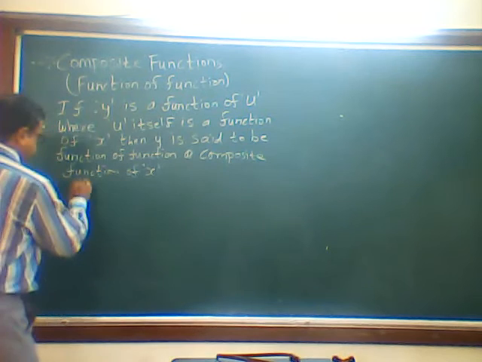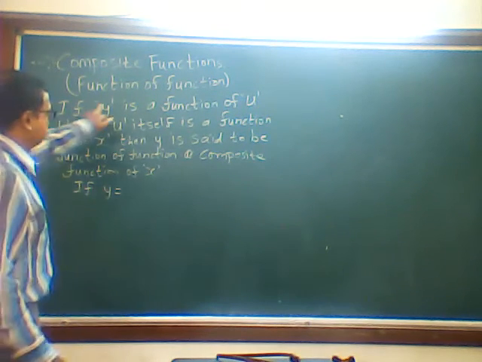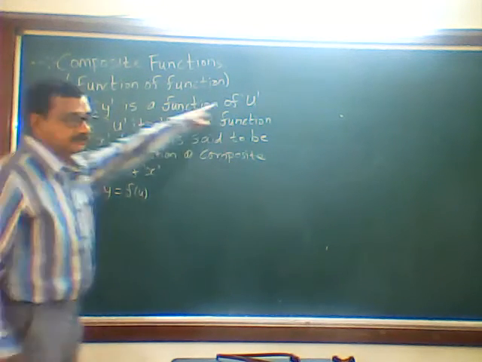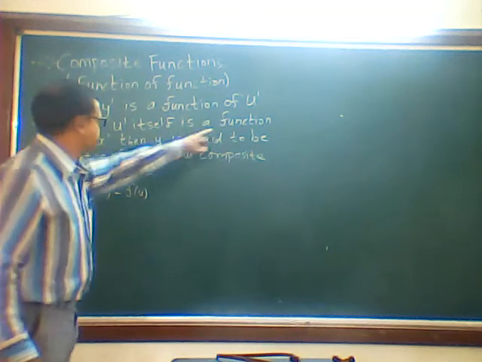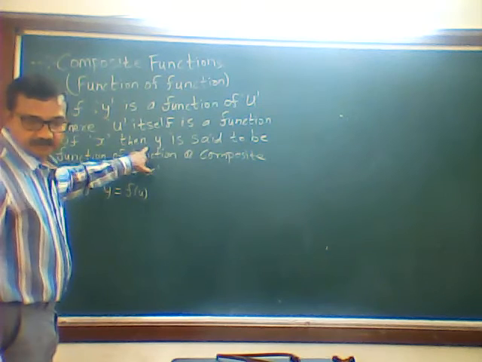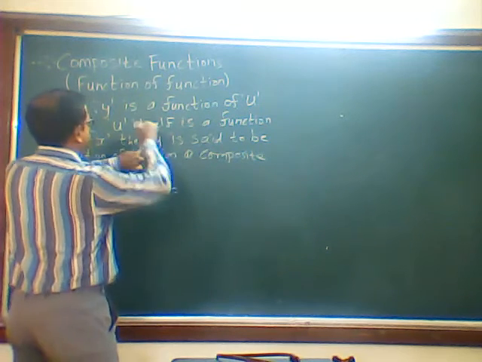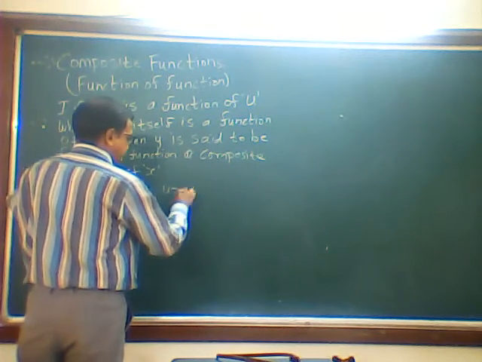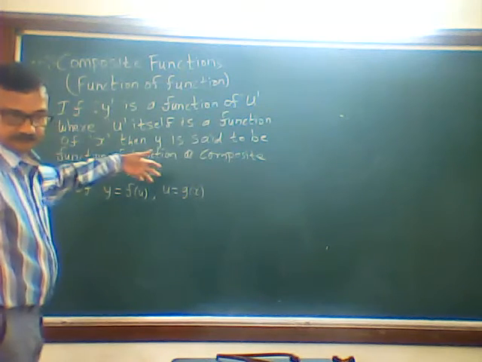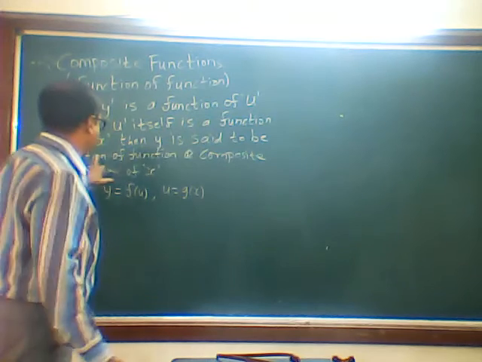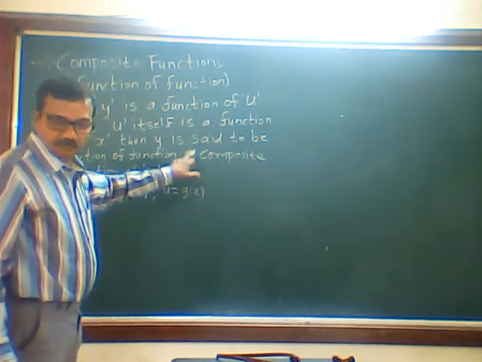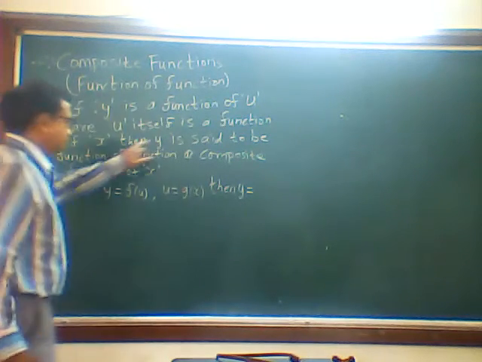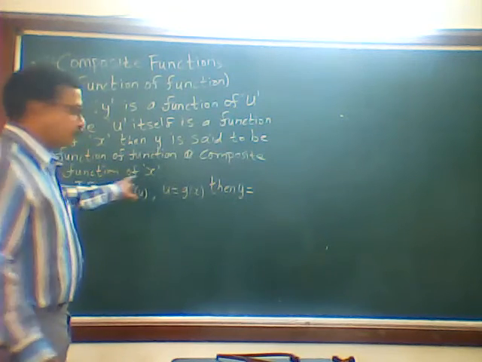Okay, if y is equal to f of u, where u itself is a function of x, that is, u equals g of x, g is one function, then y is said to be a function of function or composite function of x.